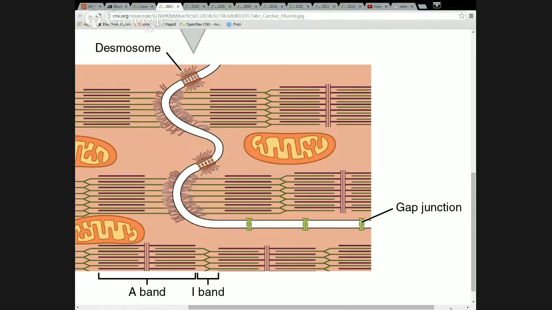I have two pieces of tarp here, which I've cut out of where the little grommets are. So if you have a plastic tarp like this and you tie it down, this is where you tie the tarp down. I'm using this to represent the cell membranes of two adjacent cardiac muscle cells.